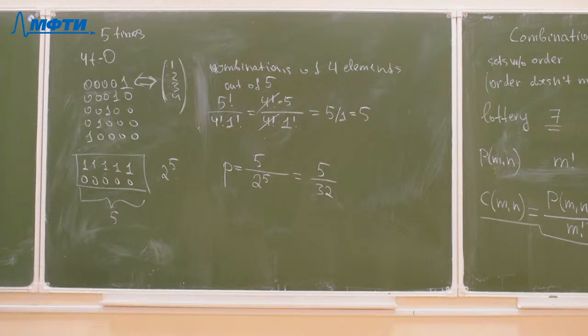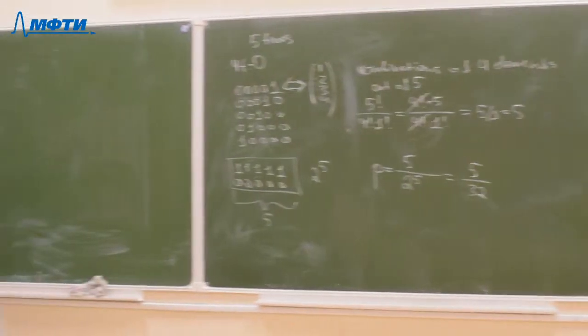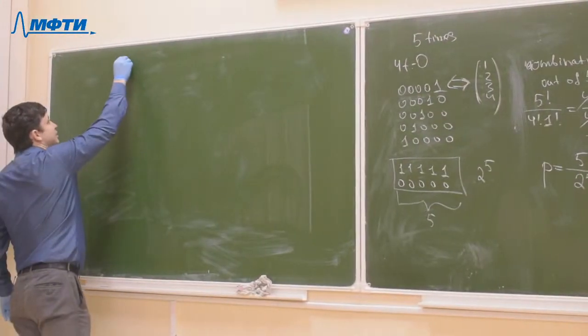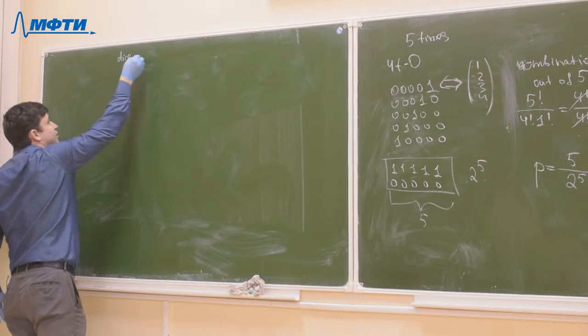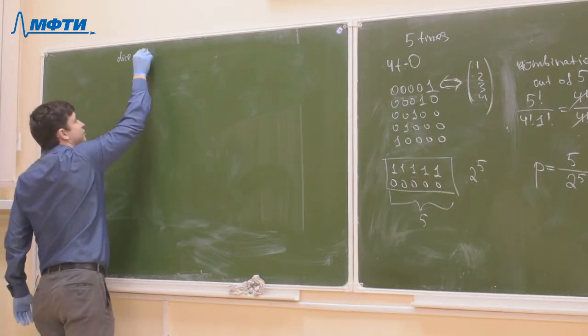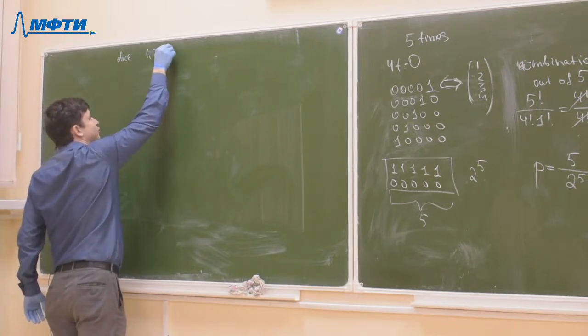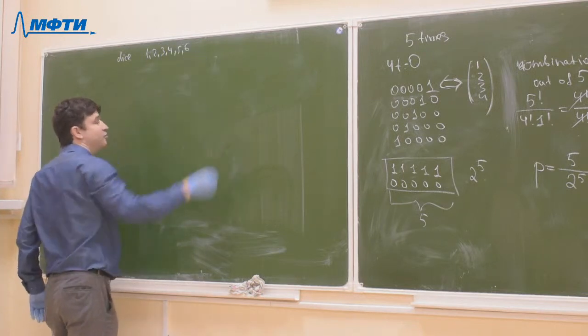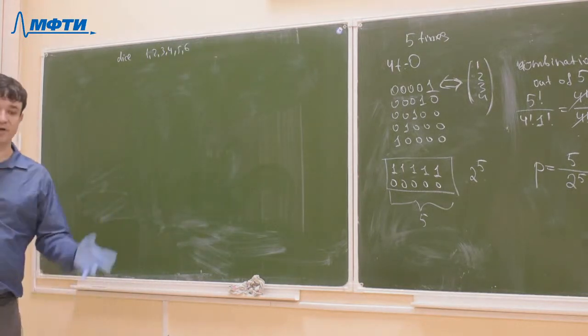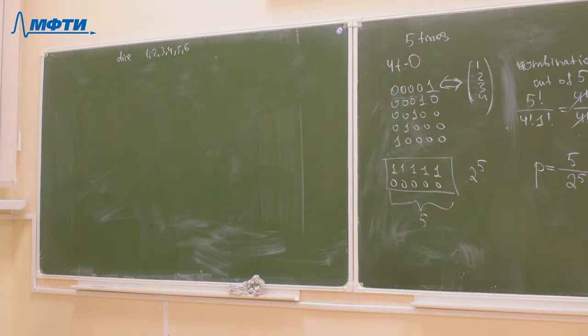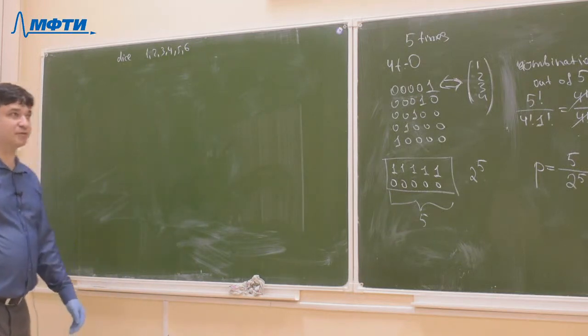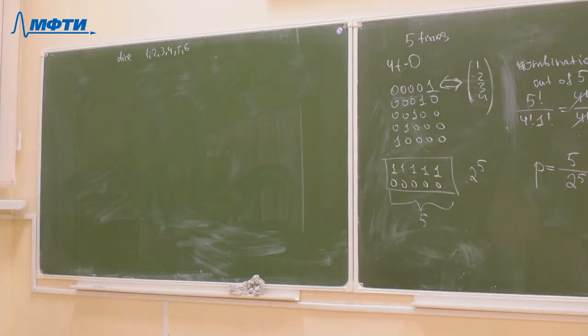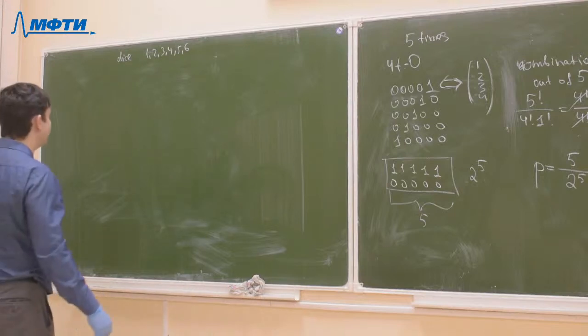Now let's consider a slightly different task. Let's say we have a dice. A dice has numbers 1, 2, 3, 4, 5, 6 on its faces, and you can roll a dice and have one of these numbers as a result. Let's consider the following random number.